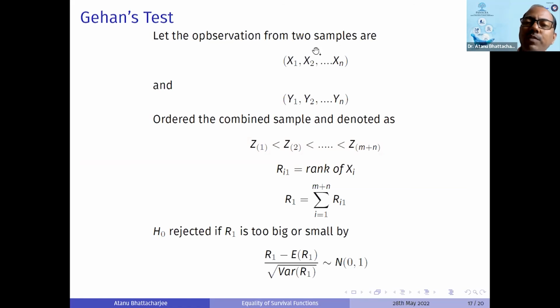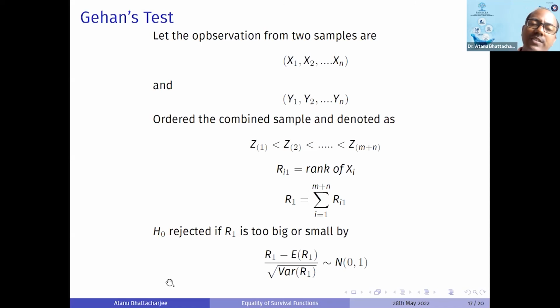If we have observations of one group of patients as x1, x2, up to xn, and a second group of patients as y1, y2, up to yn, then we order the values as order statistics, and thereafter in a similar fashion we take the difference between R1 and ER, divided by the square root of the variance of R1. So basically a ranking mechanism is applied here. The rank of xi is applied, and thereafter the summation of ranks.